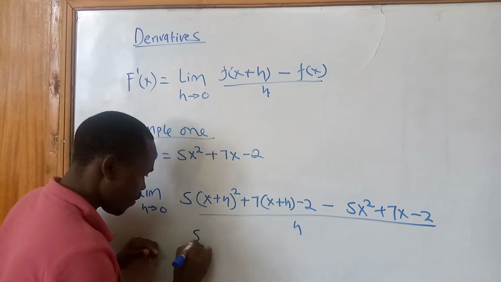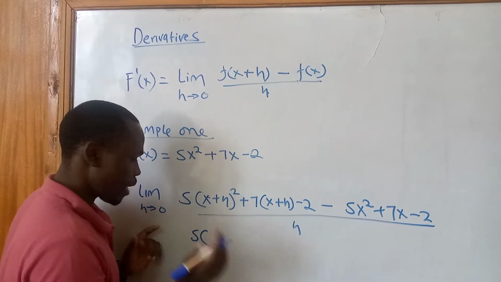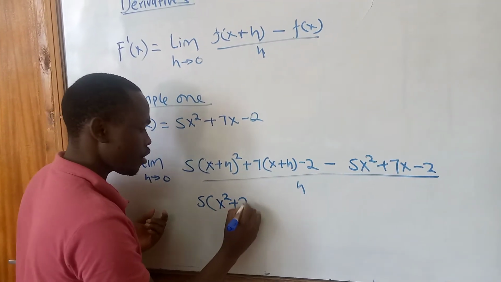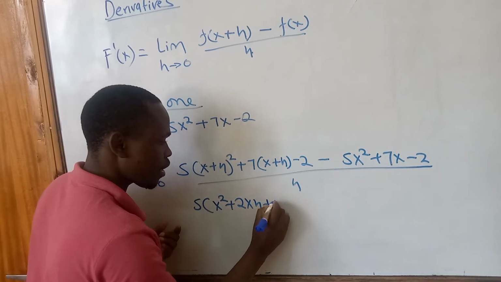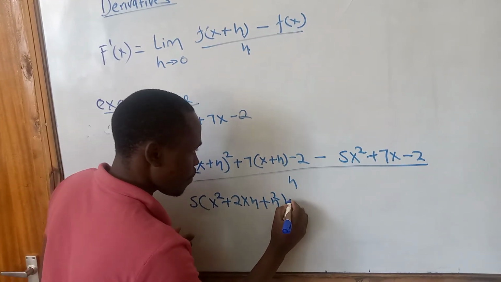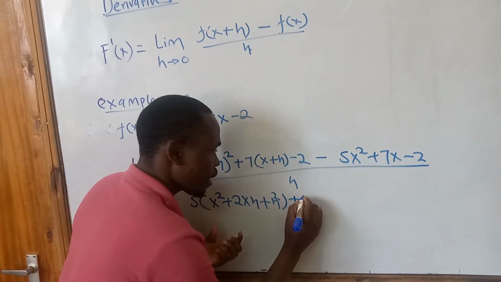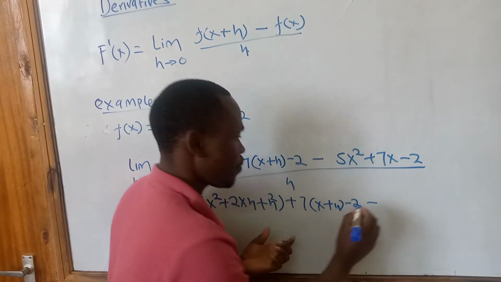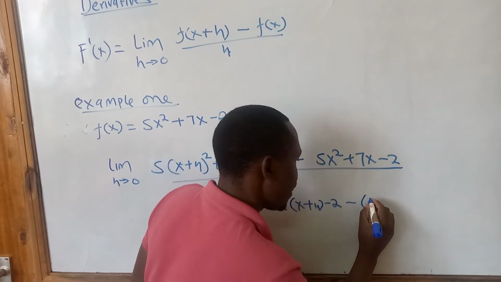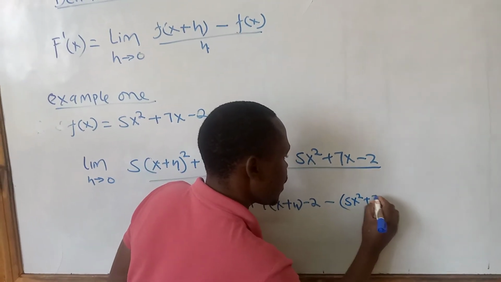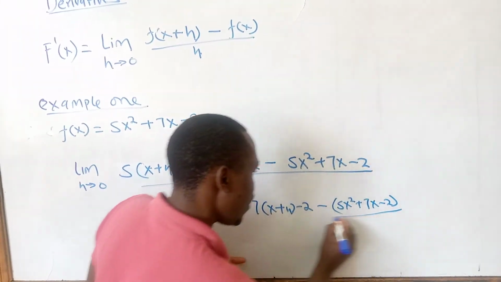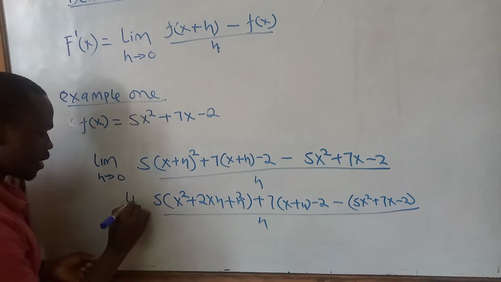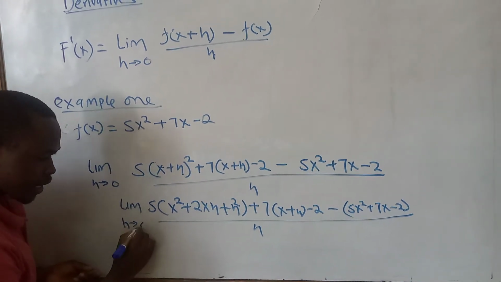Then I'm going to solve this equation. It will be 5 into, when I open this bracket, x squared plus 2xh plus h squared, plus 7 into x plus h plus 2, minus the whole bracket 5x squared plus 7x plus 2. All of it I'm going to divide by h. Remember, it's the limit as h approaches 0.